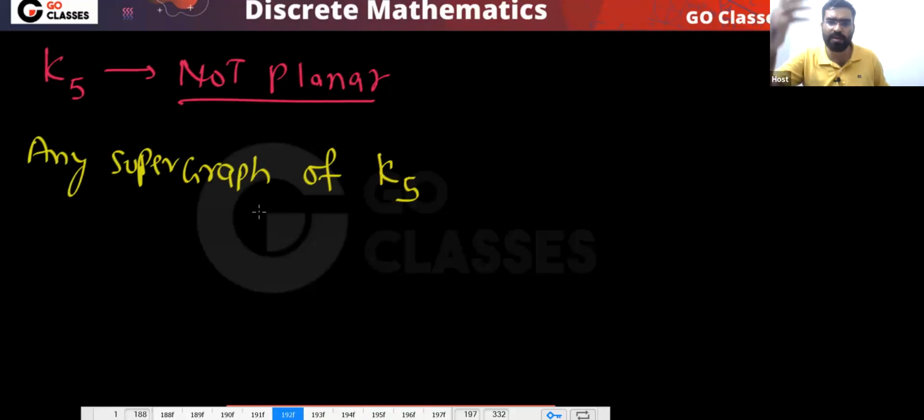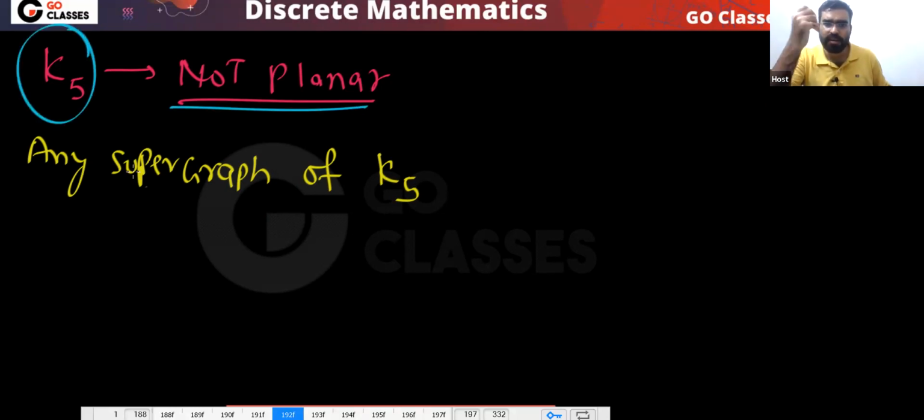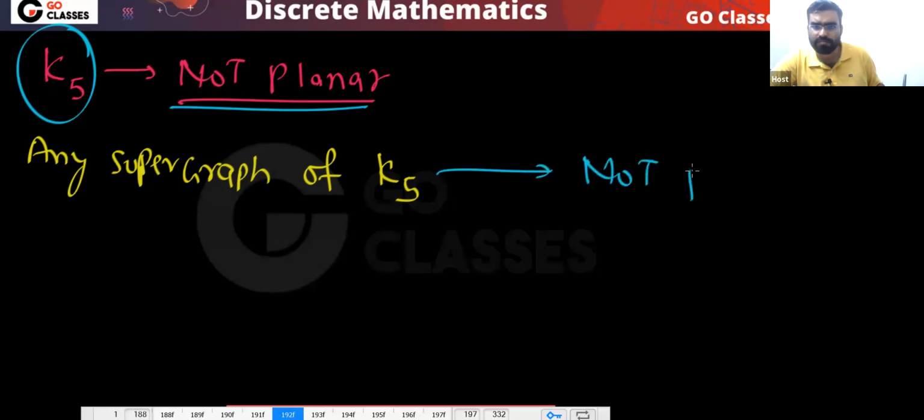Any supergraph of K5 means, to the K5, if you add some more vertices, some more edges. So see, this K5 itself is not planar. Then any supergraph of K5 is also not planar.